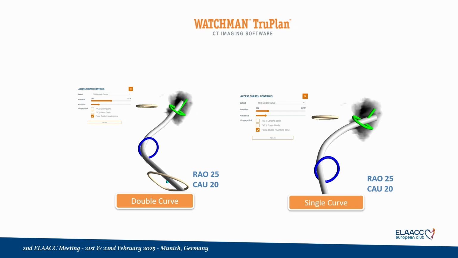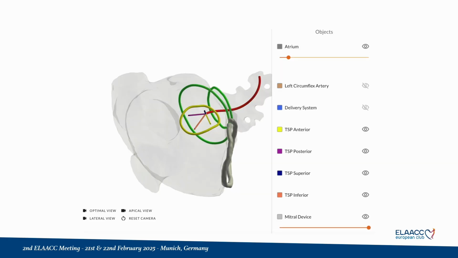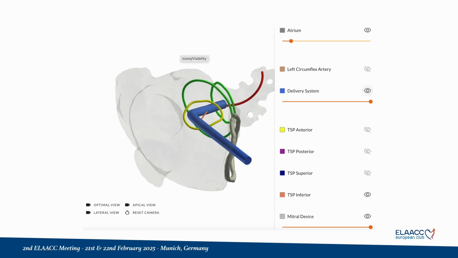Watchman does it as well with the different curves, but you always use the double curve almost, so I'm not sure this is completely useful. FEOPS provides you different puncture sites, but so far we've always used the inferior. You want the least angle towards the LAO. You also have the delivery catheter, but you have only one catheter for the Amulet.